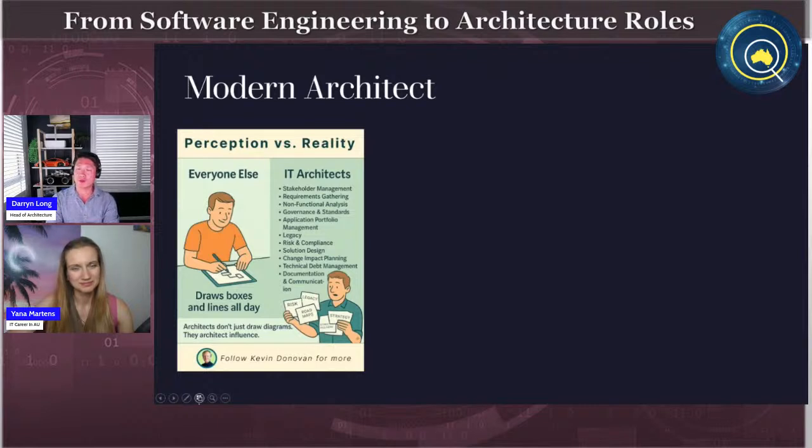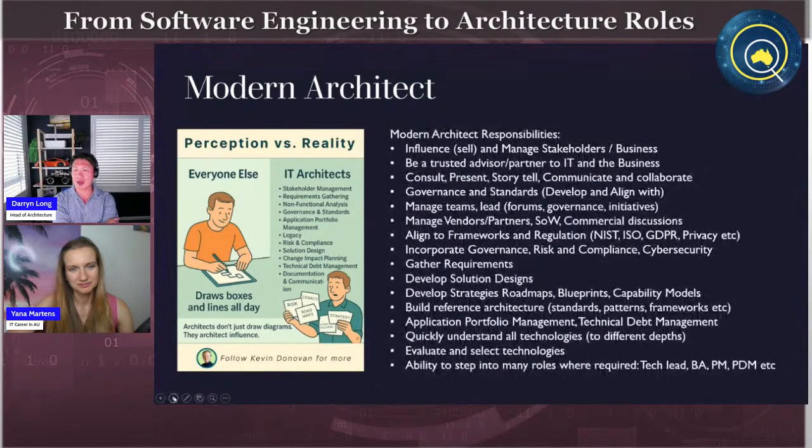I've taken a bit of a stab at what I think an architect does, and I think it's different depending on whether you're an infrastructure architect or a network architect, where you're really focused in that domain on designing network solutions or infrastructure solutions.